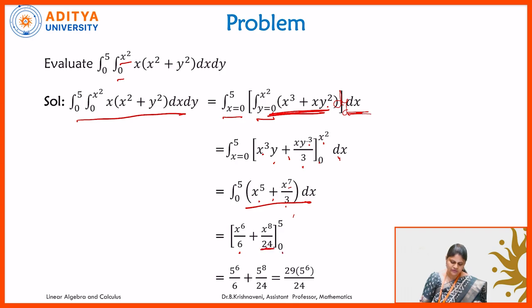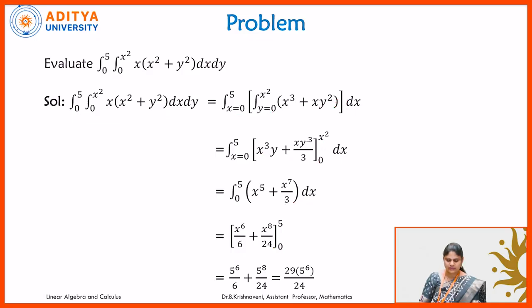The limits are from 0 to 5, and the lower limit is 0, so only the upper limit contributes. Substituting the upper limit x equals 5, that is 5⁶ by 6 plus 5⁸ by 24, and the lower limit is 0 since both terms contain x. After simplification, the value is equal to 29 into 5⁶ by 24.